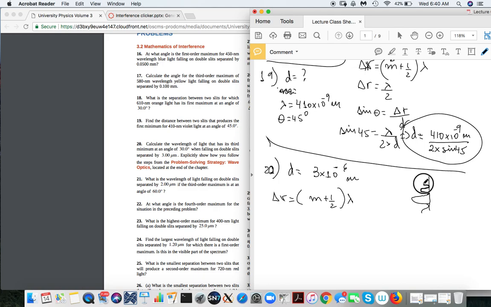Second, m equals 1. Third, m equals 2, right? Because it could be plus or minus. So this is m equals 0, m equals 1, and m equals 2.